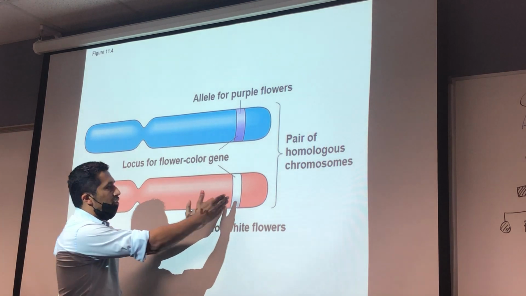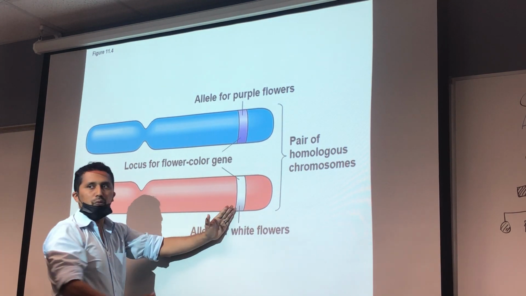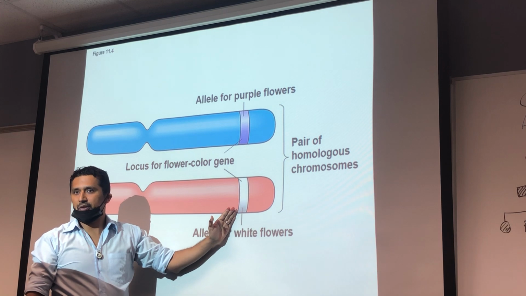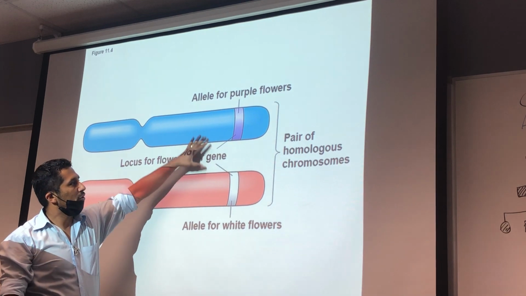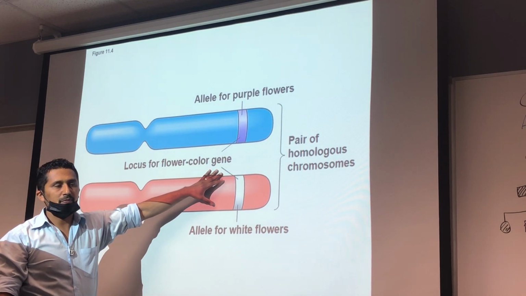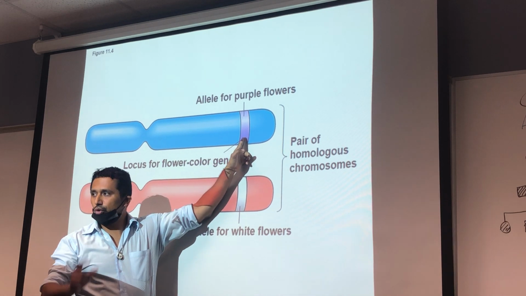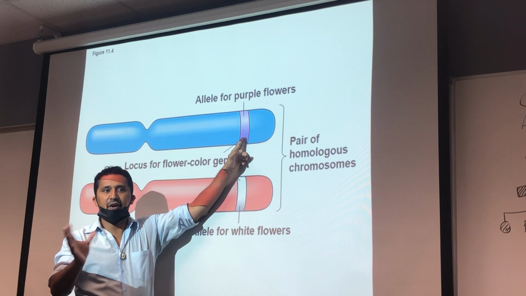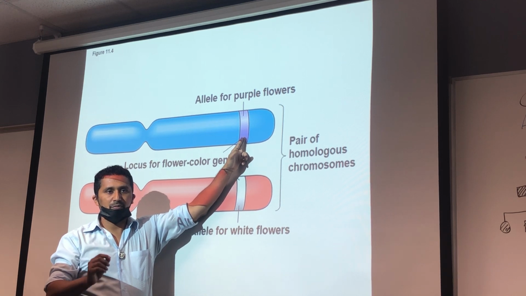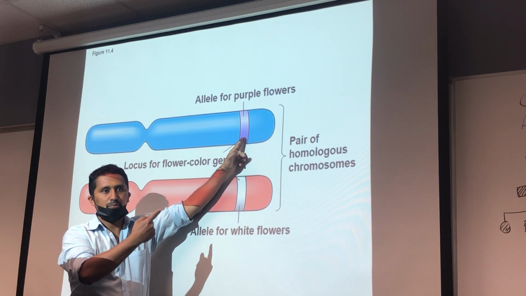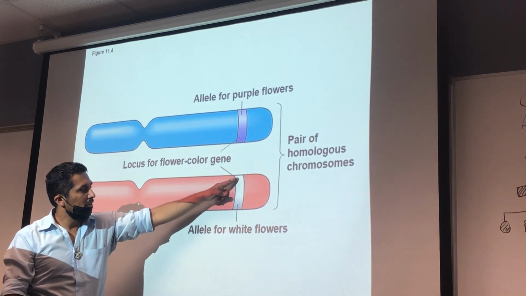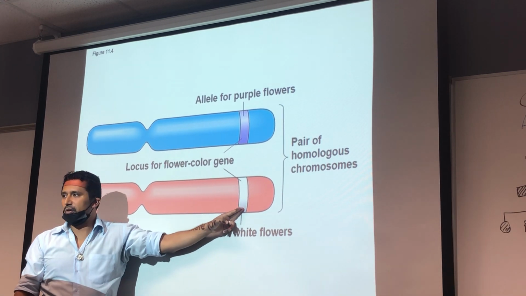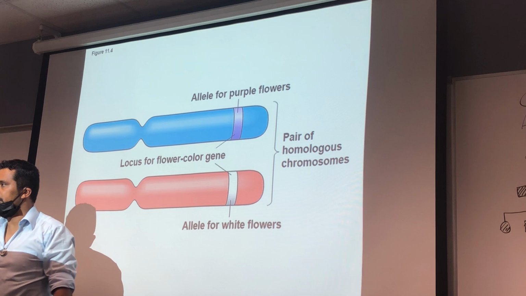Here is the gene location that codes for the flower color character, in these homologous chromosomes, okay? But here you have the allele that codes for the flower color. That is the variant in the character, okay? The trait, in this case, purple color. And in here, you have the allele that codes for the white color trait, okay?